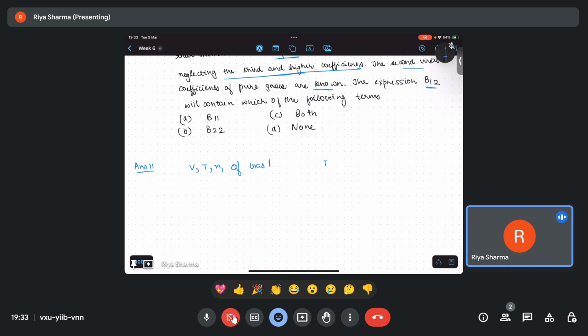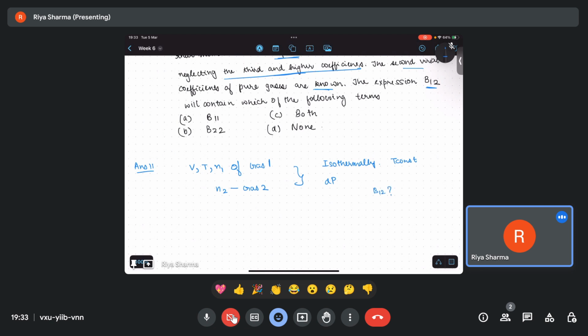Then we are adding isothermally, T constant, N2 moles of gas 2. So there's a pressure rise of dP.